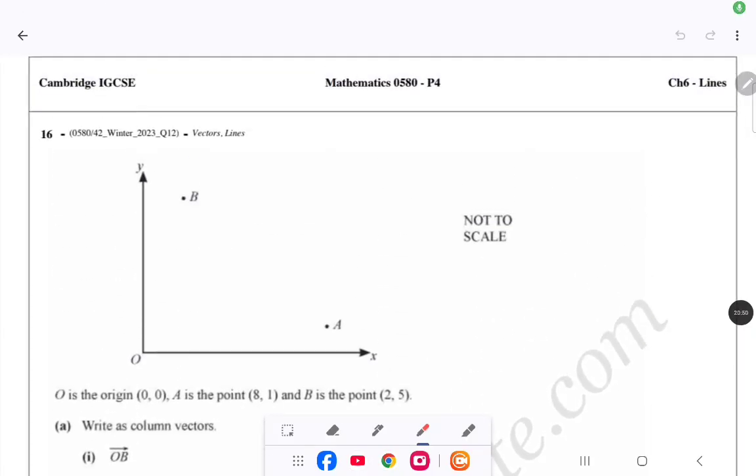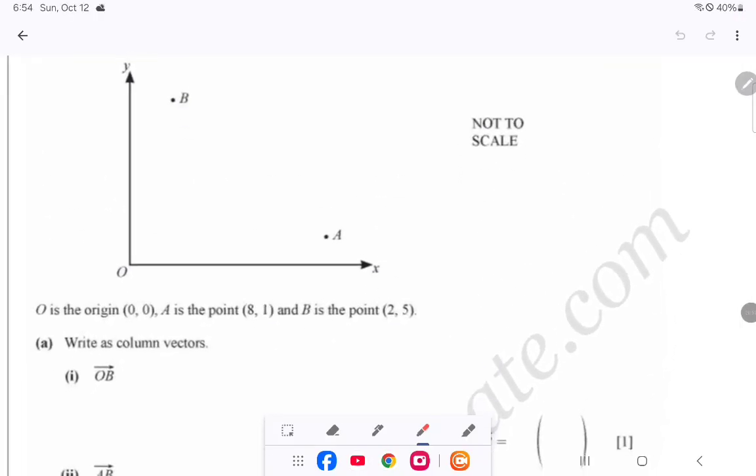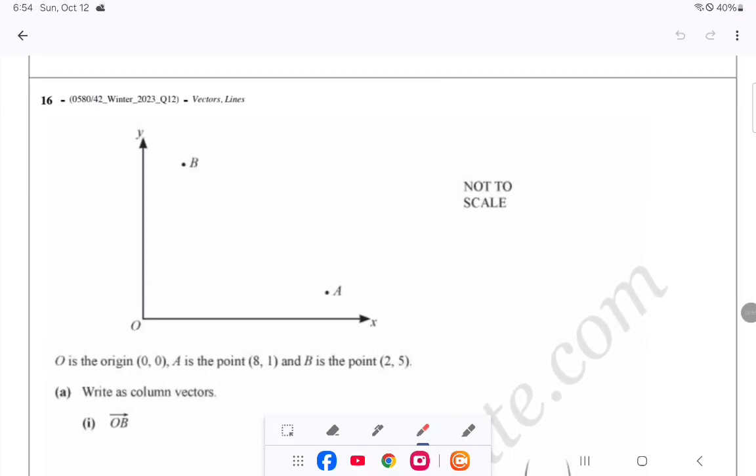Now in question 16, a graph is given. O is the origin 0, 0. A is the point 8, 1. B is the point 2, 5.